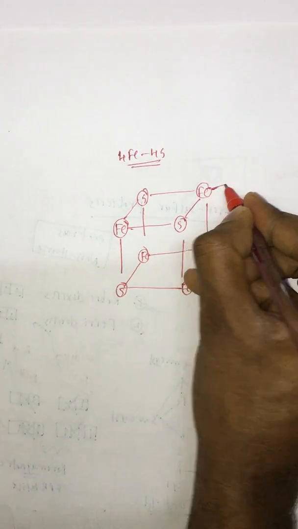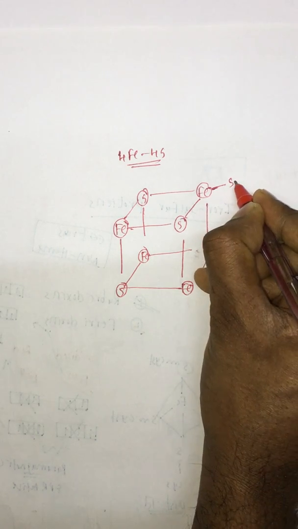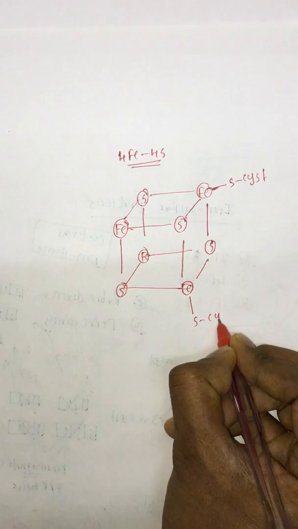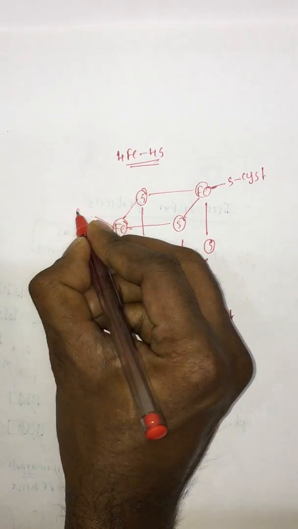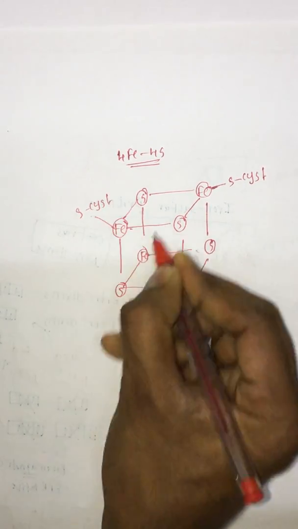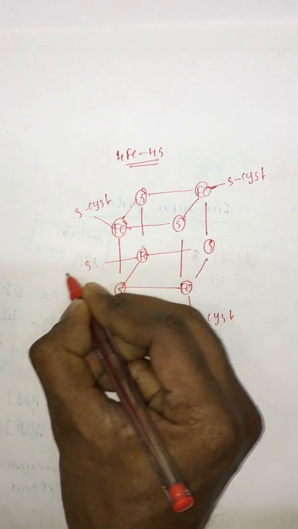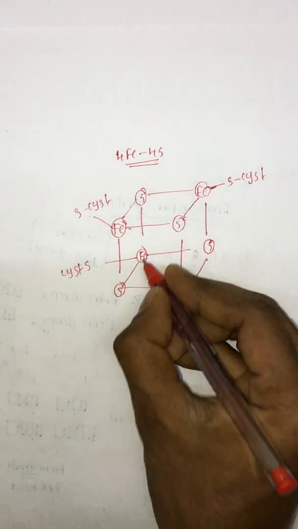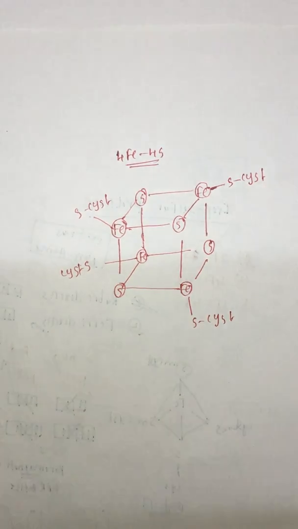Each iron is attached to sulfur, and further it is attached to cysteine, sulfur, cysteine, sulfur, cysteine, and here also sulfur, cysteine. So this is the structure for the 4Fe4S unit.